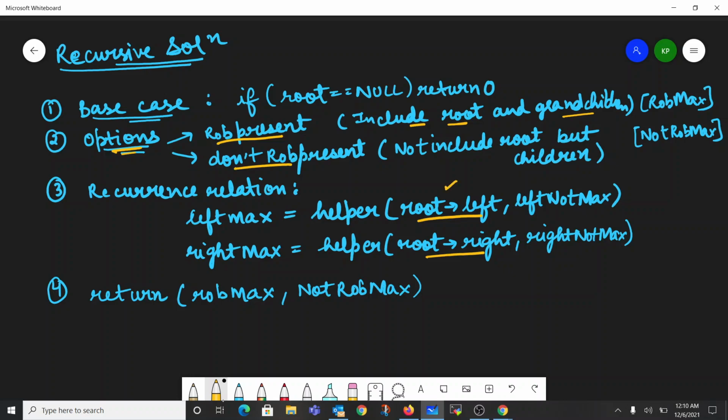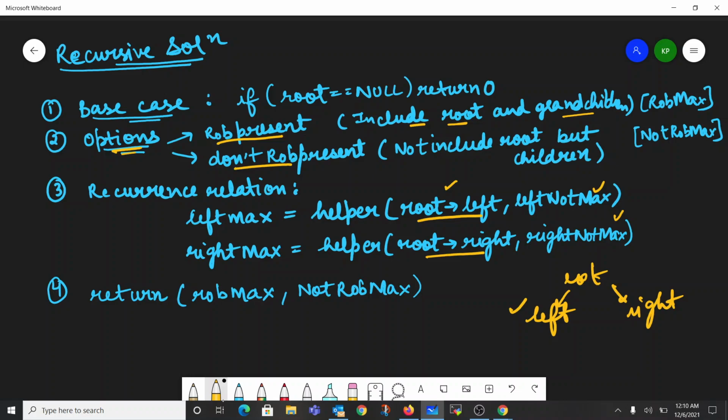Here, this simply means that I am choosing the present node, and this means that I am choosing the present node of the right subtree. Whatever root is there, I would be choosing its left node and its right node, right? And this is past, so that I'm not choosing the present left node and right node.